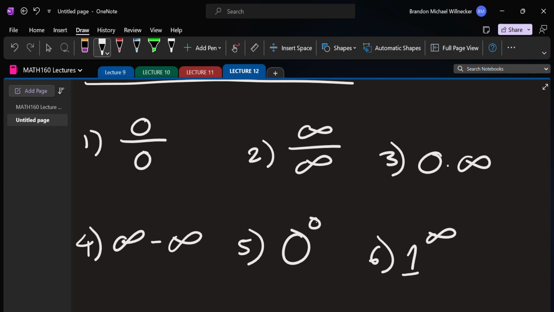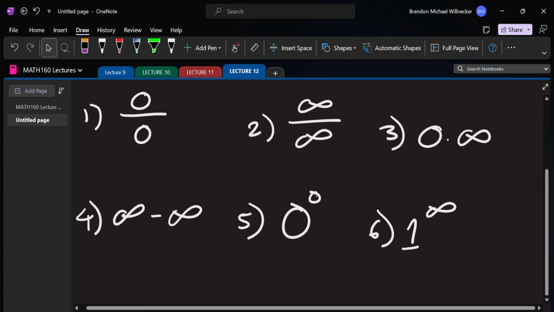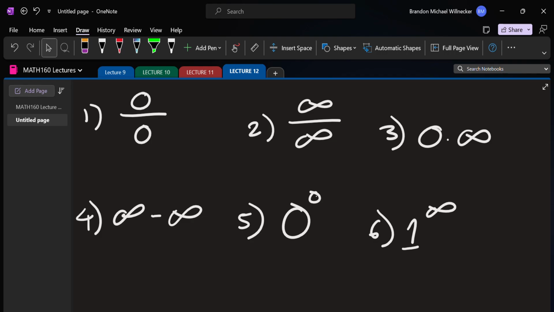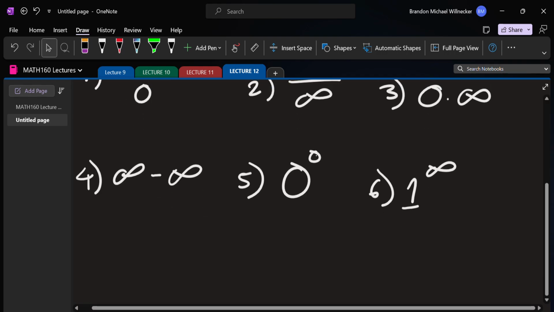So if we have 1 plus a very small amount to the power infinity, then that goes to infinity. But as we get closer and closer to 1, it's a bit uncertain on what that needs to be. Okay, and you can check that on your calculators. Put 1 to some very big number, put 1.01 to some big number, and you'll see it will diverge.